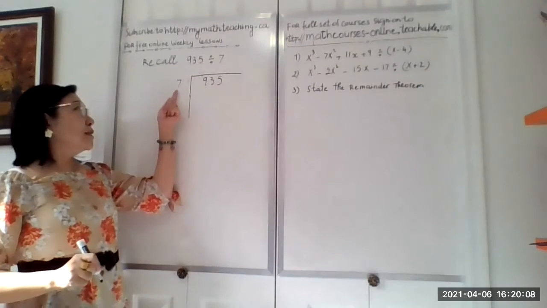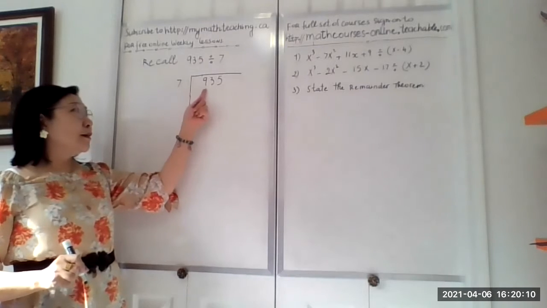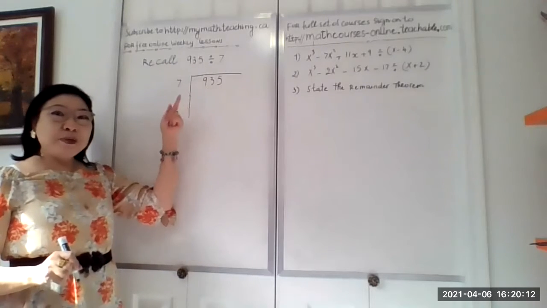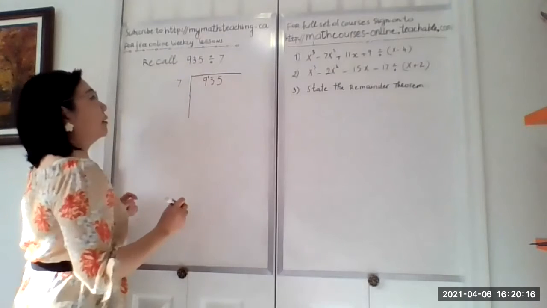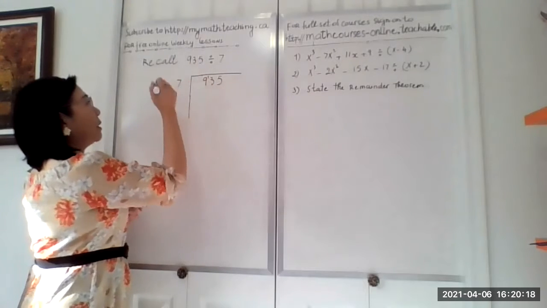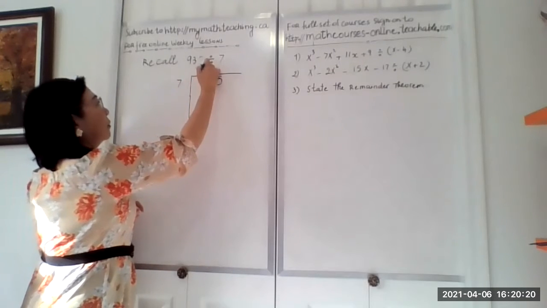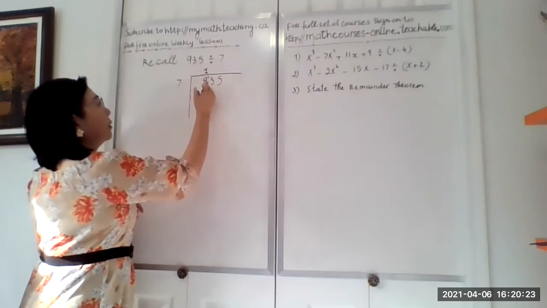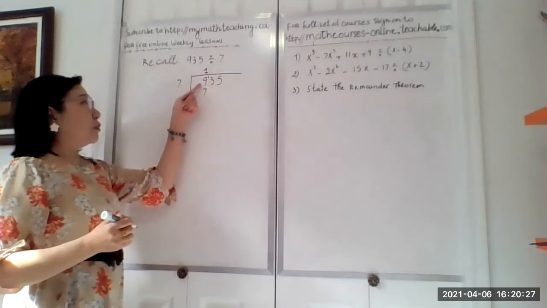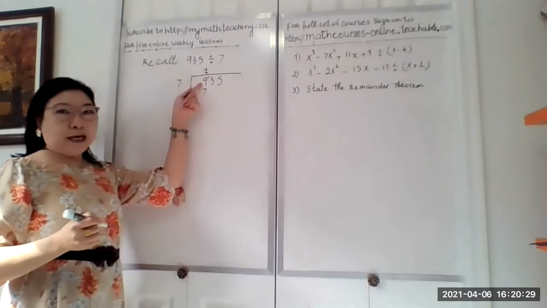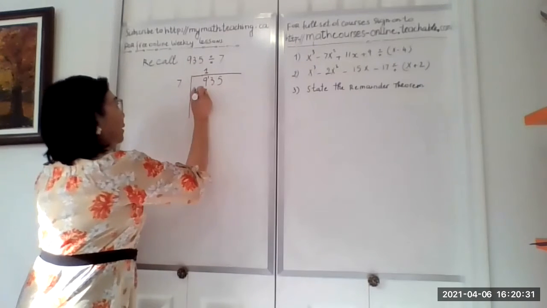However, because 7 is a single digit and this is a hundreds number, based on the units we only pick the number 9 and divide first. So 9 divided by 7 is 1. 1 times 7 equals 7, which is the closest we can get to 9.